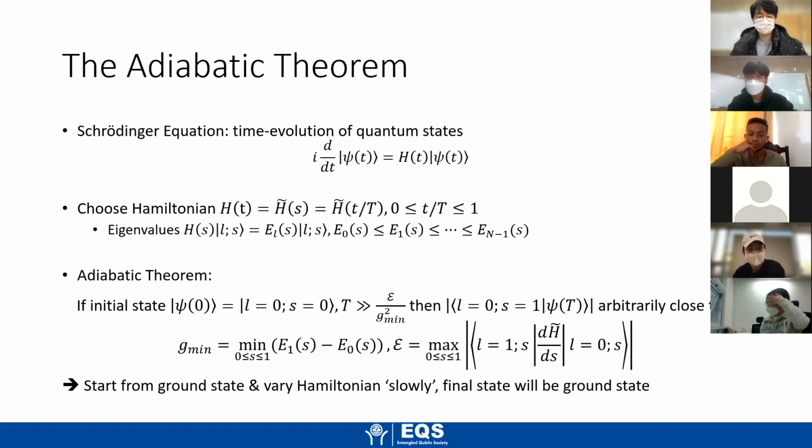Okay, so could you tell us about the difference between annealing and the adiabatic process? So as far as I know, the way I understand it is that annealing is kind of like adiabatic computing, except that we allow for faster evolution with a trade-off for accuracy.